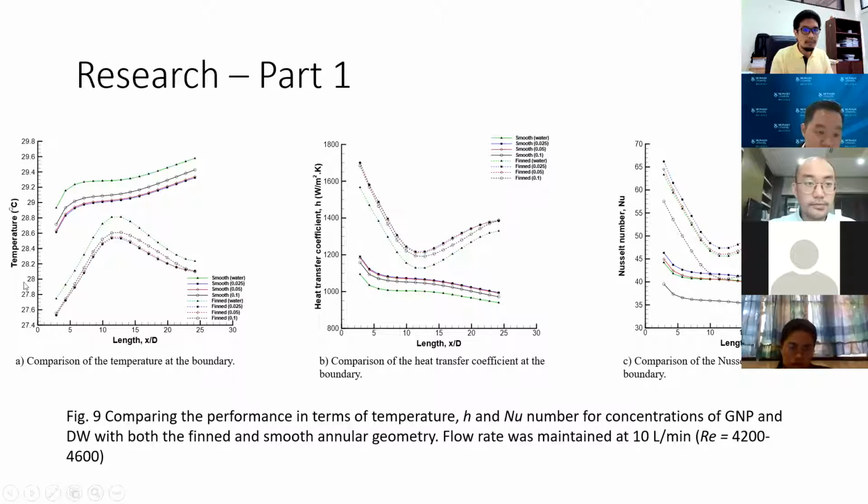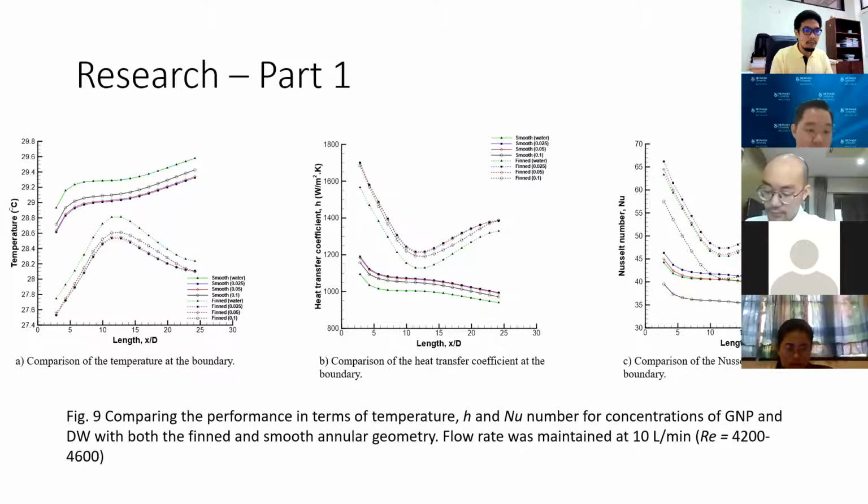As you can see here, the temperature, we have managed to achieve a lower temperature with the fin type annular geometry. However, the heat transfer performance was not significantly increased with concentration when we add in more nanoparticles. So it increased, but when we add in more, the increment is not that significant anymore.